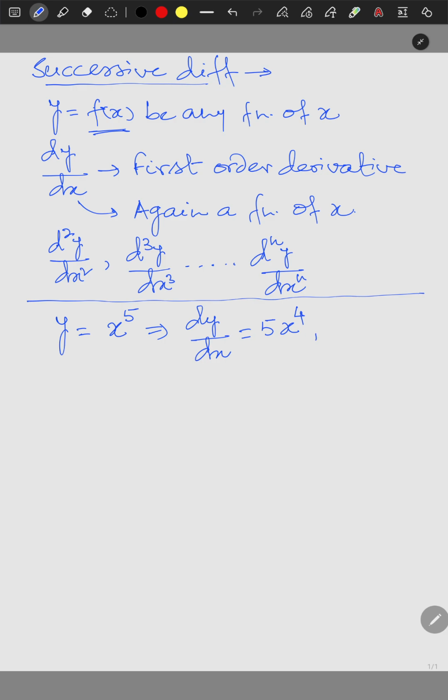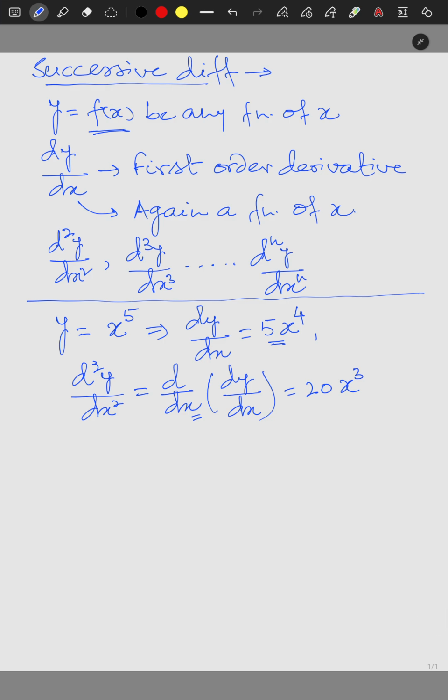As you can see, this is again a function of x, so we can talk about the second order derivative d2y over dx square, which is the derivative of dy/dx with respect to x. So this is coming out 20x cube, and this is again a function of x. So we continue and find some higher order derivatives.